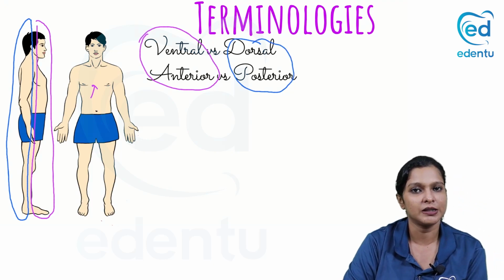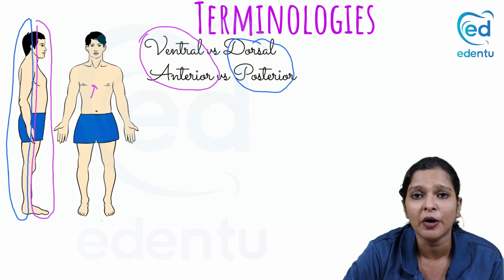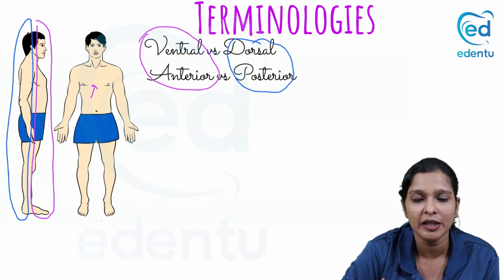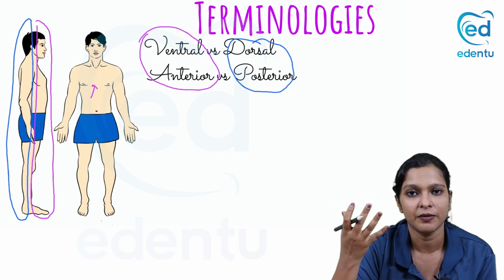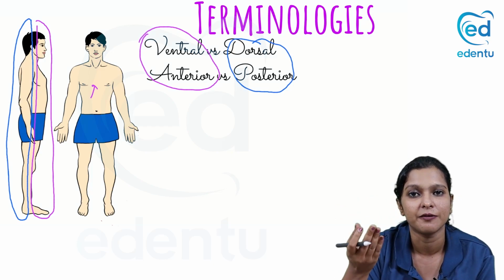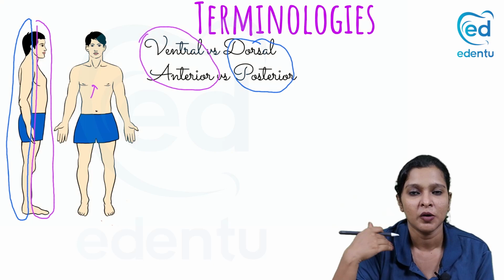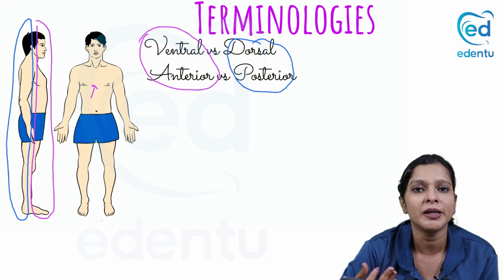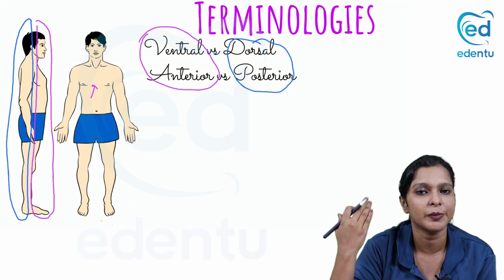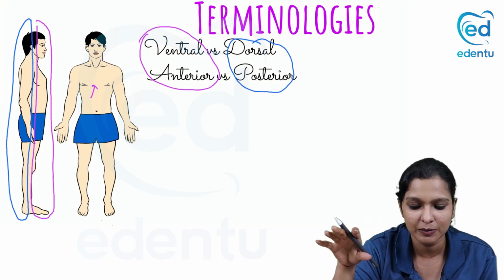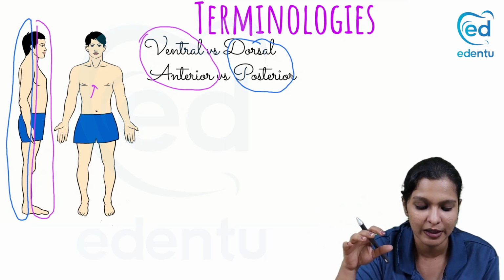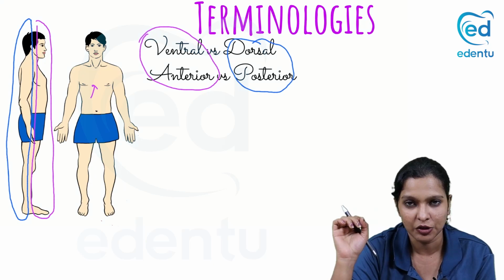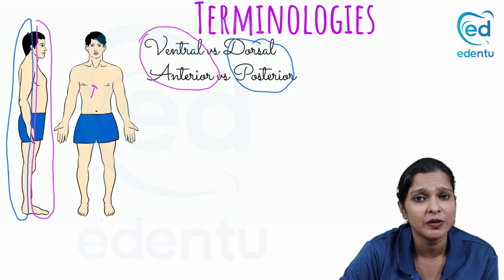This is the first initial terminology. This is important because while describing any bone or anything in the head and neck, they'll say ventral surface or anterior surface, which means it is more in the anterior aspect, or dorsal, which means it is more in the posterior aspect. So these are the first initial terminologies that we're seeing: ventral versus dorsal, and anterior versus posterior.